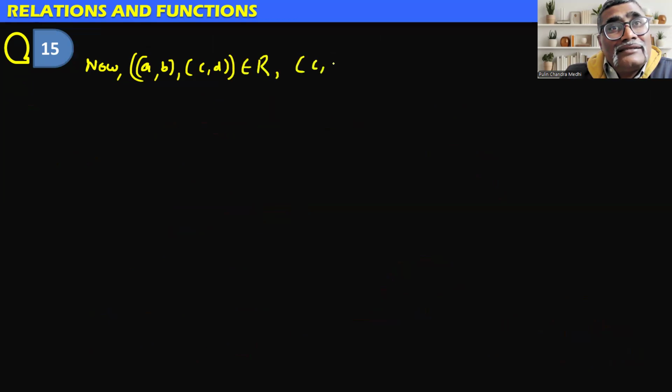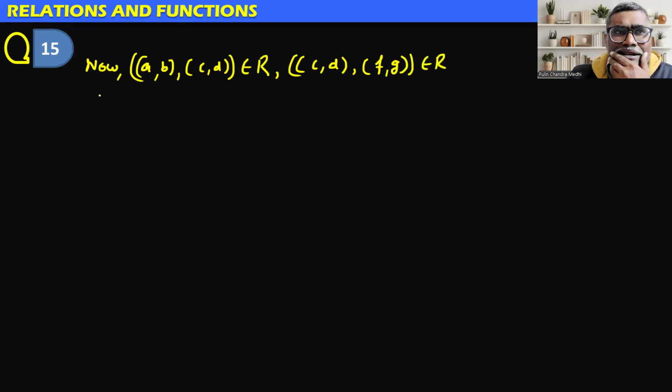And then C D should be related to another element. E I will not take. I'll take F Z as the next element. This belongs to R. Now let us see what it will give.